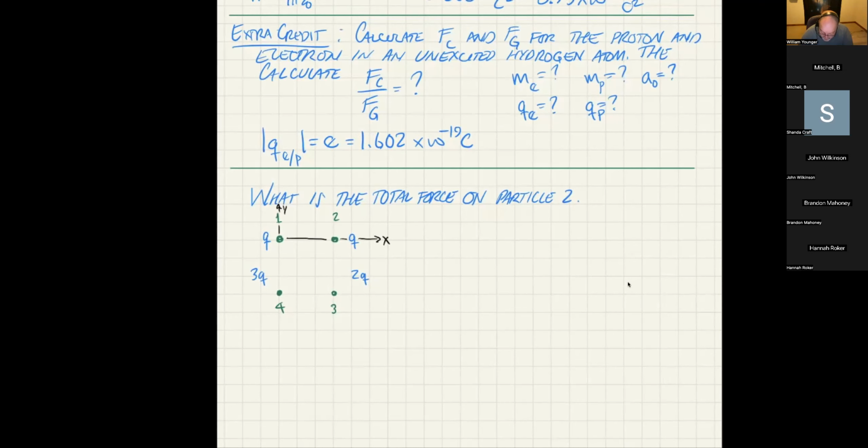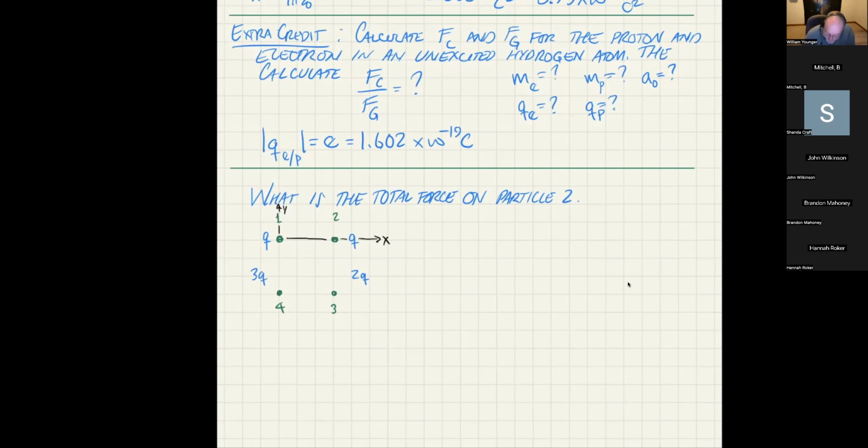Notice all these charges are positive. The Q itself is a negative number, and that'll pan out when we plug in what Q is. But I'm going to treat everything as if it's really just Q, Q, 2Q, and 3Q. And I want to calculate the force on particle 2, which is in that top right corner.